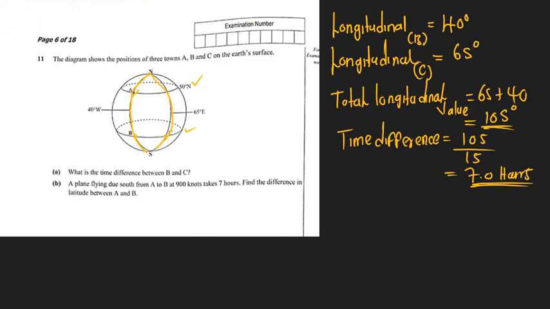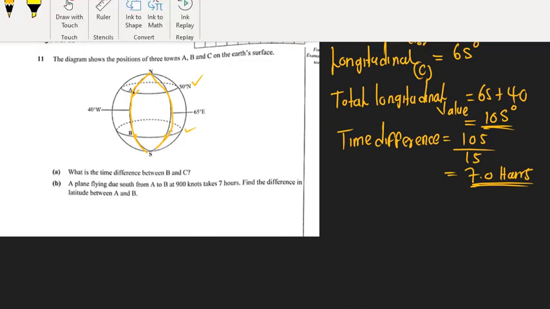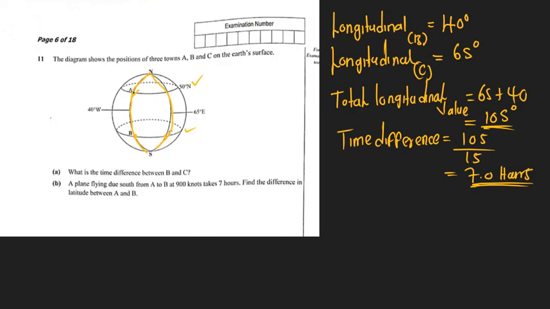Now, then they ask you about a plane flying due south. So you have a plane which is flying due south from A. So you have a plane which is flying from this point to this particular point.